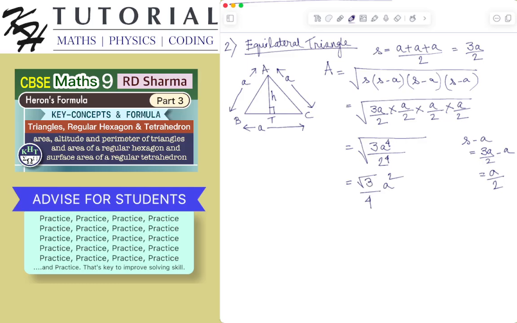So from Heron's formula, we get that the area of an equilateral triangle is root 3 by 4 a squared. This is super important. You must always remember this formula: for an equilateral triangle whose length of each side is small a, the area is root 3 divided by 4 multiplied by a squared.